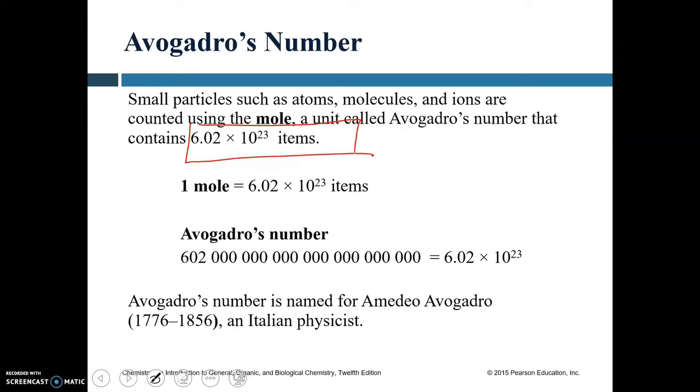So in 1 mole of atoms, there are 6.02 multiplied by 10 to the power of 23 atoms. It was named after Amedeo Avogadro, the Italian physicist who first suggested using this particular number.